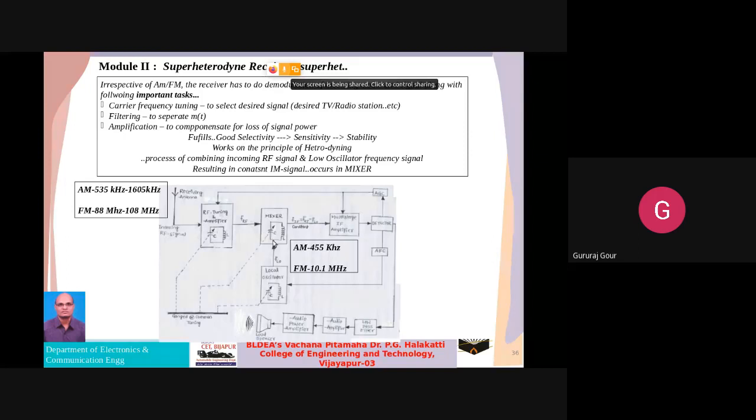Then it is mixed with the locally generated oscillator signal, which is also proportionally tuned. Both are combined to generate the intermediate frequency signal, the IF signal.